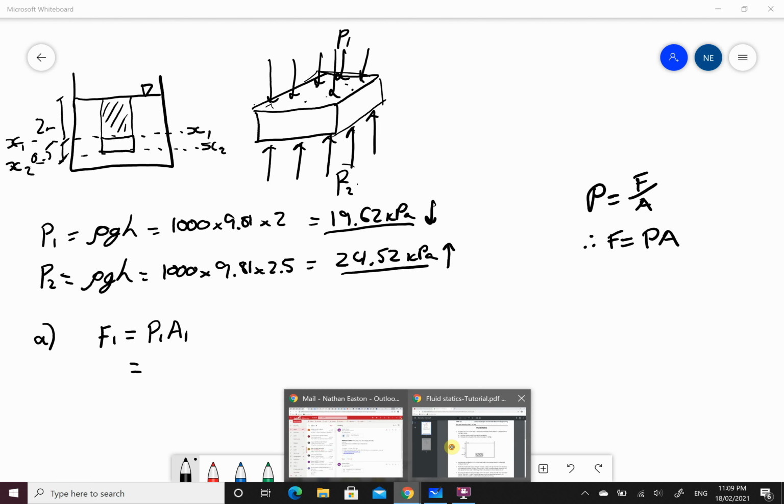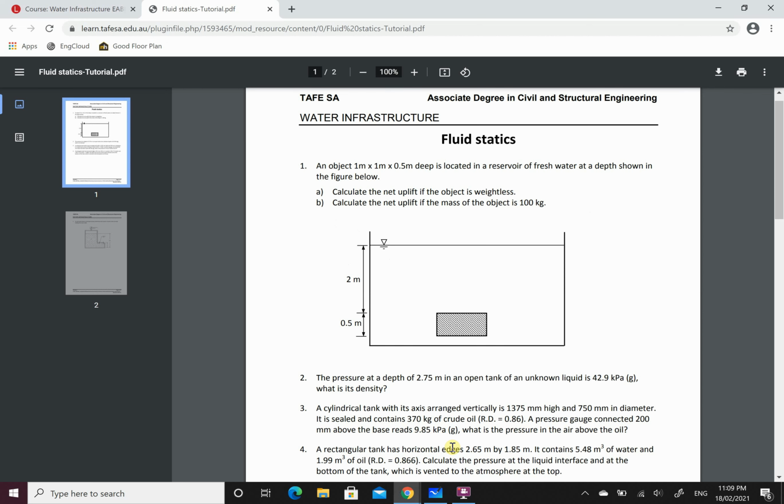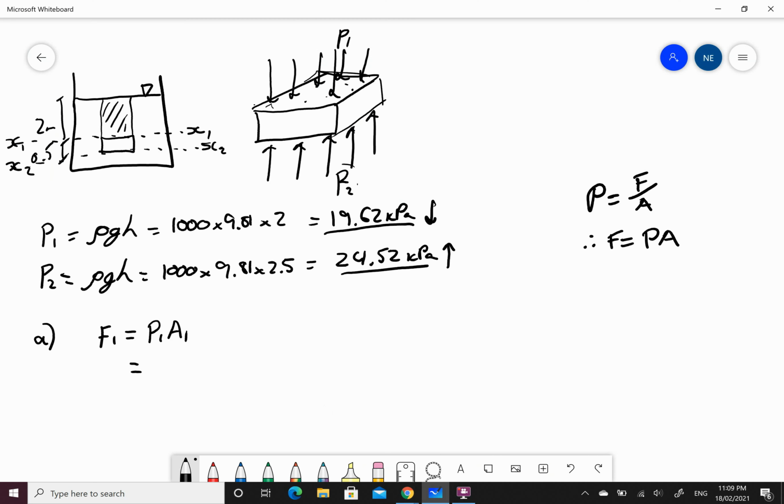And the object was 1 meter by half meter in volume, or in depth, sorry. Okay, so really it's just multiplying by 1. So F1 is 19.62 kilonewtons going down.